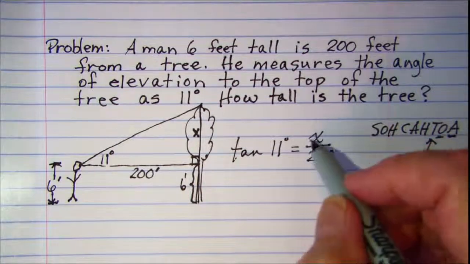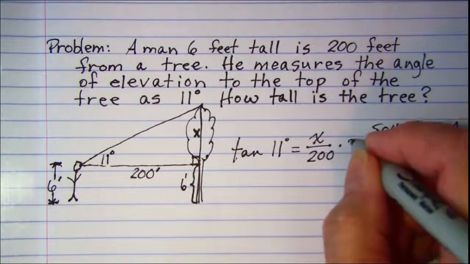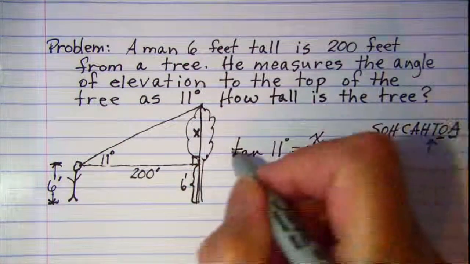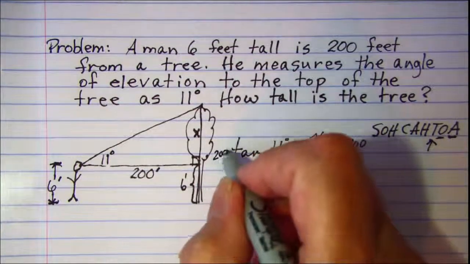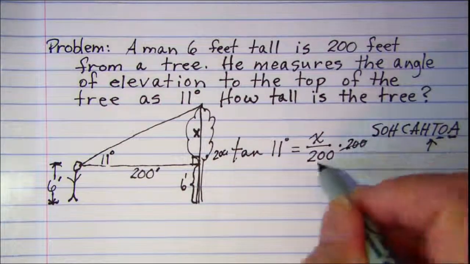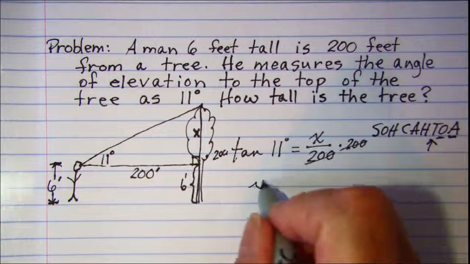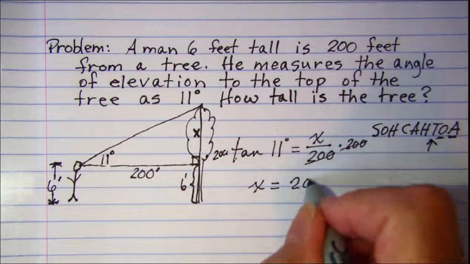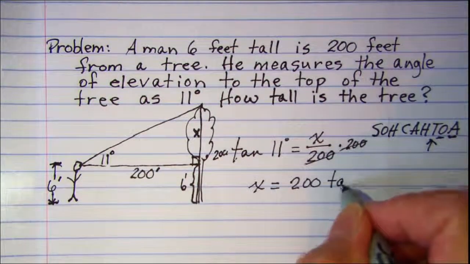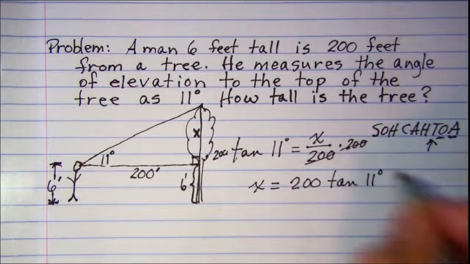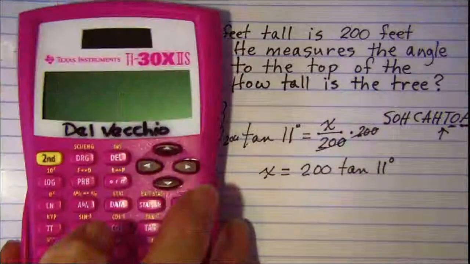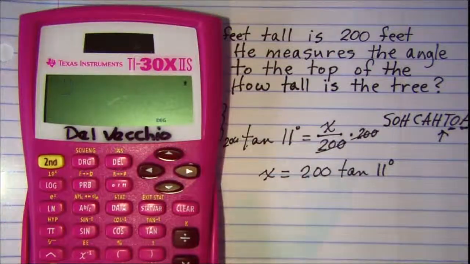To solve for x, we need to multiply both sides by 200. These cancel, and I have x is equal to 200 times the tangent of 11 degrees. Let's use our calculator on that one.